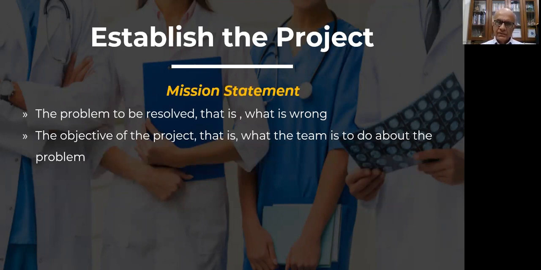The objective of the project, that is what the team is to do about the problem, is the second part. Problems come in all sizes, elephant-sized problems. These elephant-sized problems can be solved project by project, bite by bite. That's why it's known as continual quality improvement.